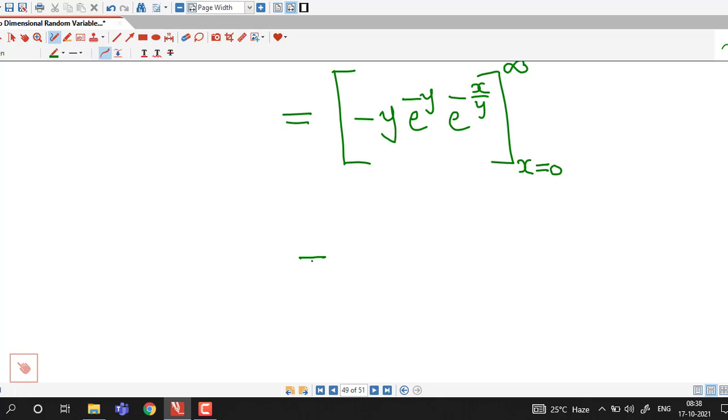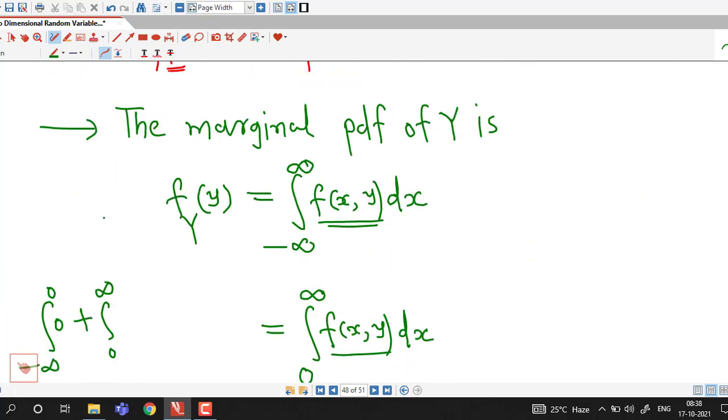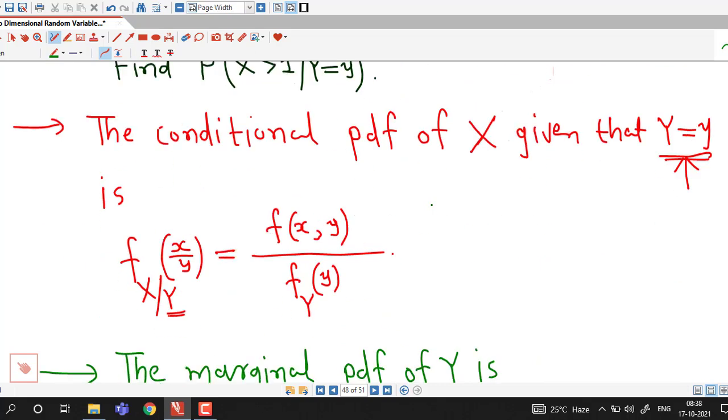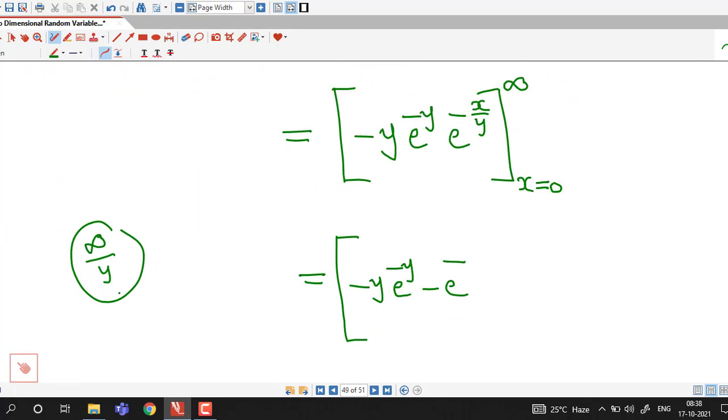So first we take x tending to infinity, and we keep all these y terms as it is. Here we consider y positive, because for y positive we have this non-zero value. Because y is positive, 1 by y is also positive, so x by y is going to be infinity.